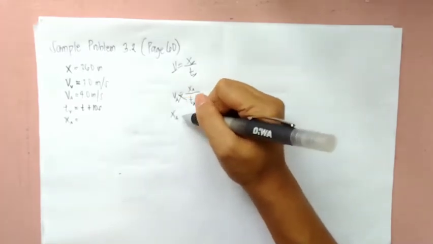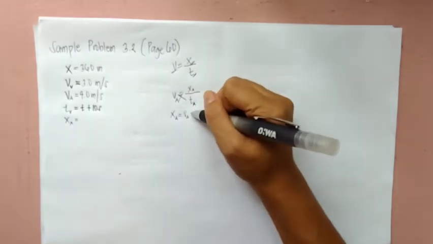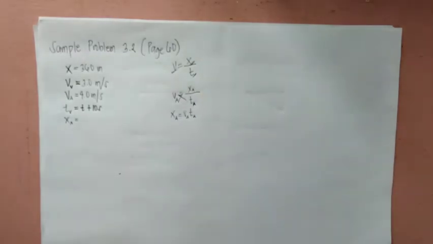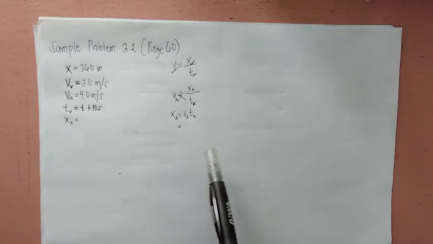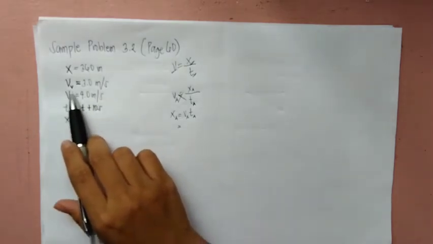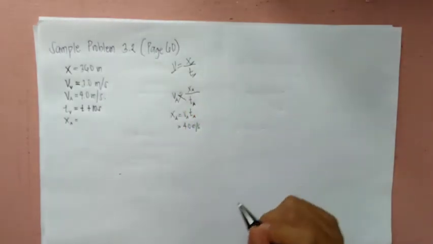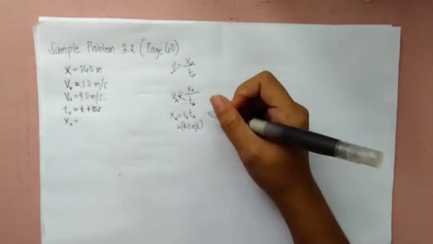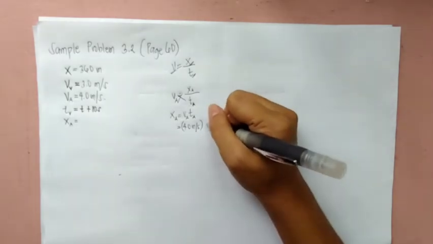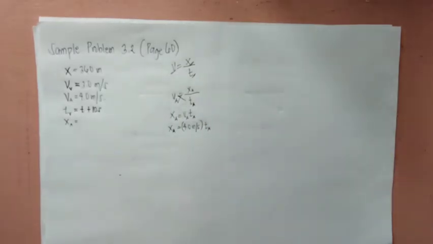We got X sub A equals V sub A times T sub A. And then substitute the value of V sub A, which is 4.0 meters per second, and then T sub A, since that is unknown.